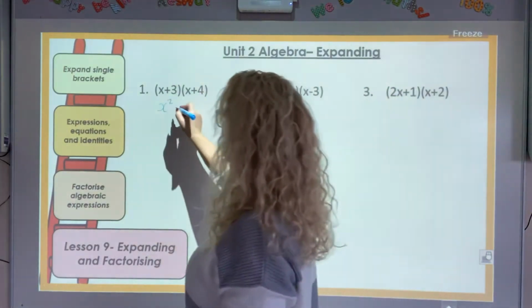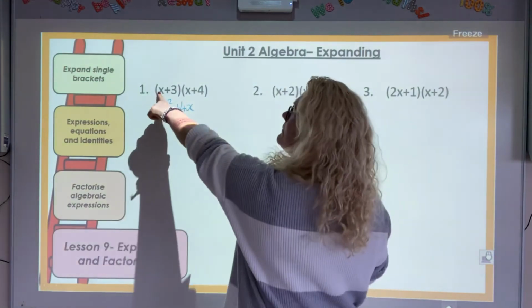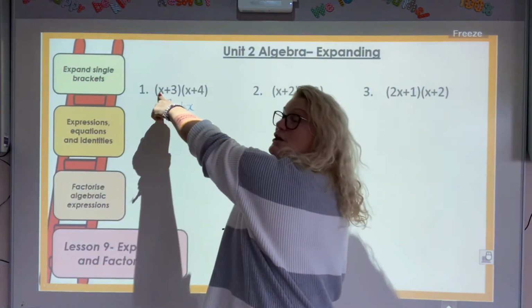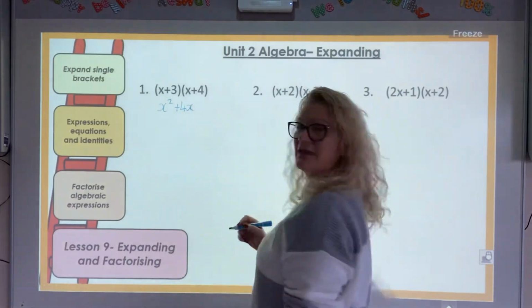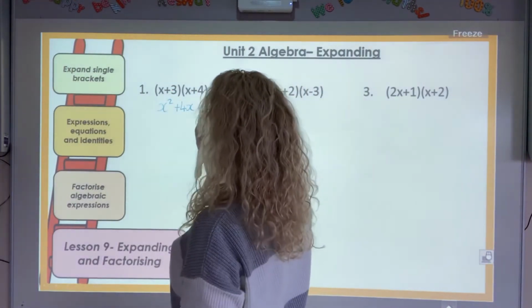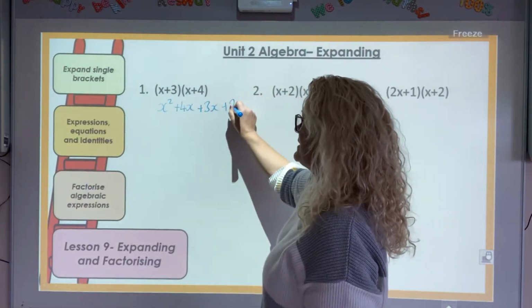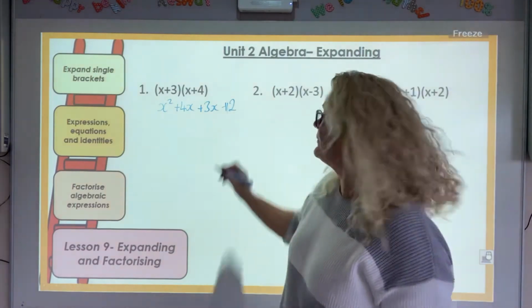So x times plus 4 is plus 4x. We've now multiplied this term by everything in this bracket. So we've got to do the 3 next. 3 times the x is plus 3x, and 3 times the plus 4 is plus 12.